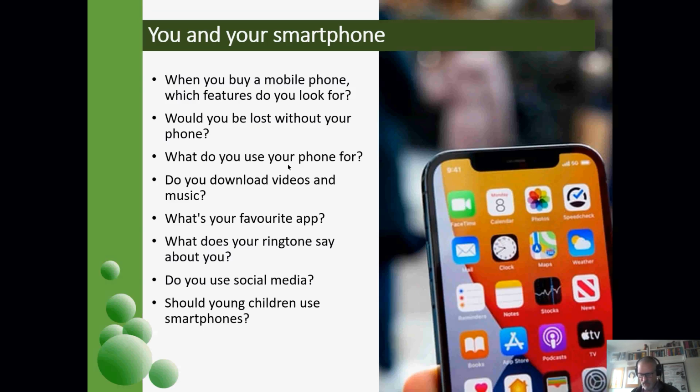As a sciencey sort of person, sometimes doing science projects with schools, I found the smartphone to be an absolutely incredible source of data, because smartphones are full of sensors, and you can do all sorts of sciencey experiments just using a smartphone. Some of these are quite simple, some are quite sophisticated.